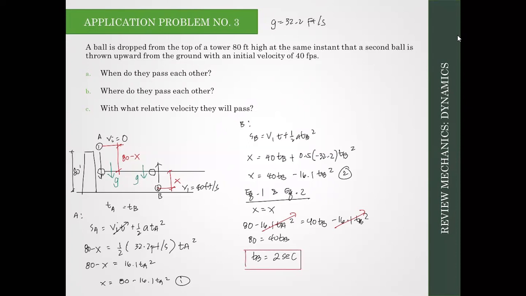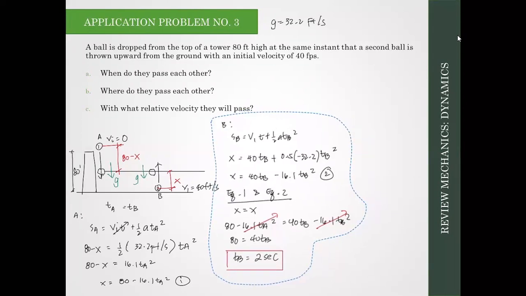So yung tanong, when do we pass is after 2 seconds. Next. Question is where. Where will they pass? So tricky, check natin parehas kasi dalawang location. Pwedeng from top of the tower or from the ground.